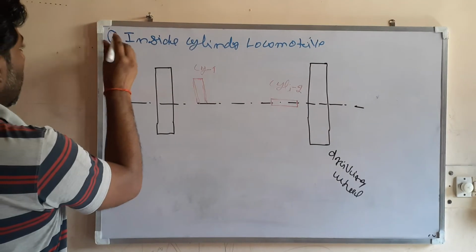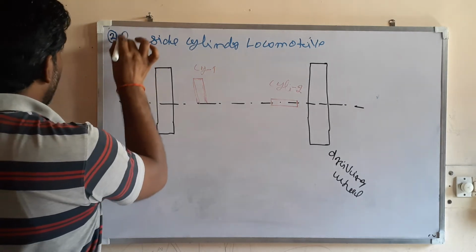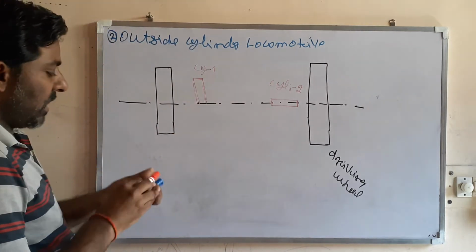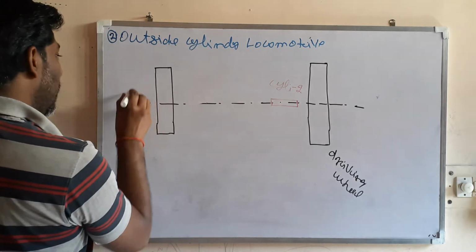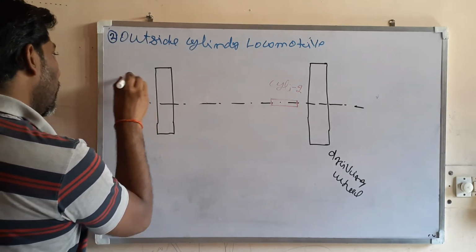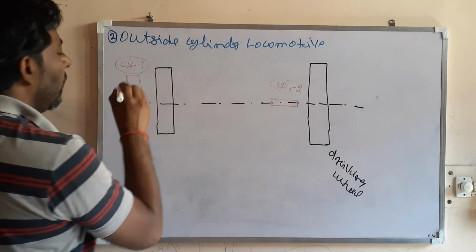Next, number 2 is the outside cylinder locomotive. What is happening in an outside cylinder locomotive? This cylinder is outside the driving wheel, this is cylinder 1.